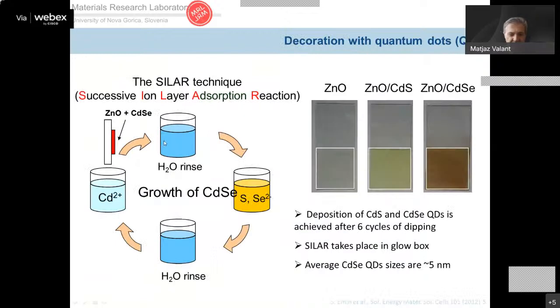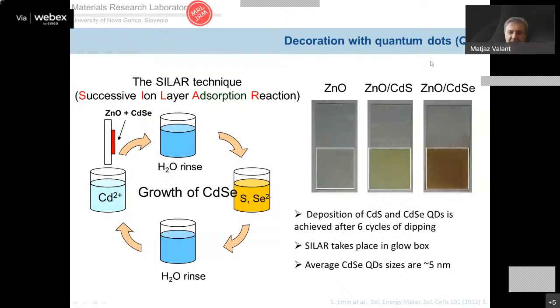In addition, when we do this, we also create co-catalysts. In our case, cadmium sulfide and cadmium selenide are two examples. It's very easy: just dipping the samples into cadmium solution, and then into their sulfide or selenide solution, and rinsing and repeating this many times.